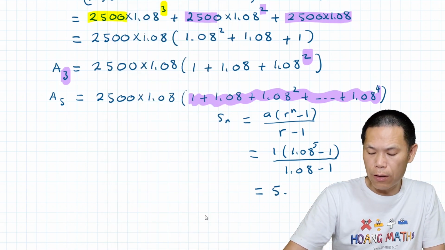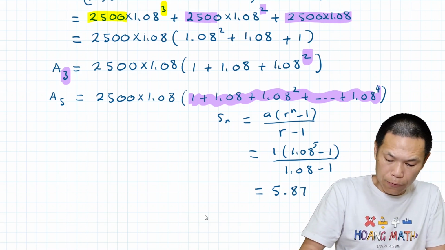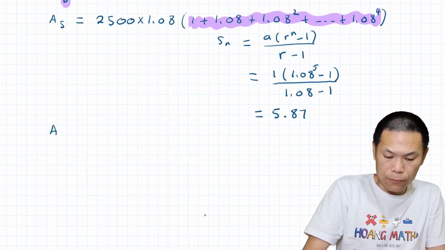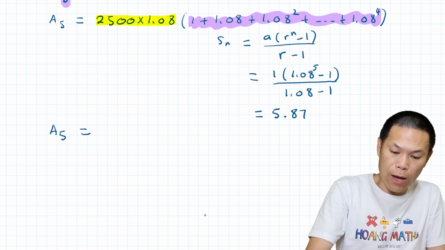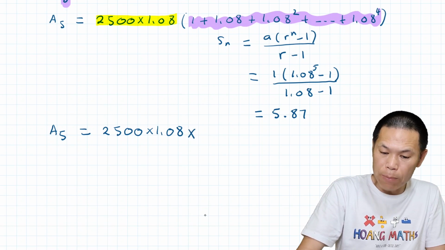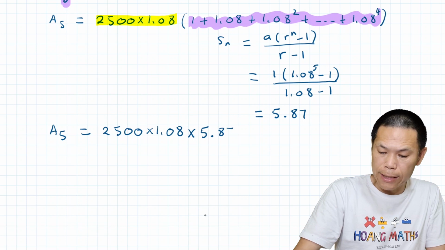So 5.87. So now A5, let me just move this up a bit. So now A5 is equal to 2,500 times 1.08, we times the series 5.87.